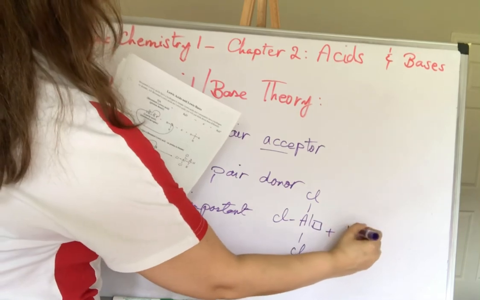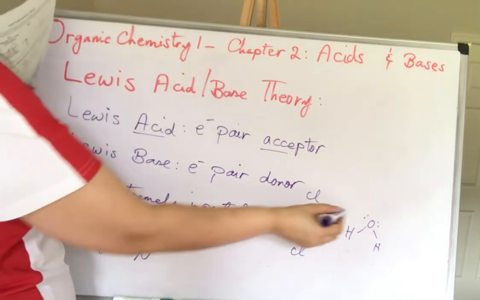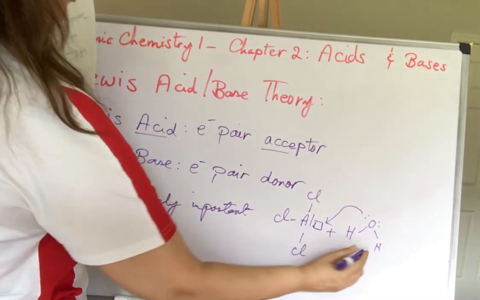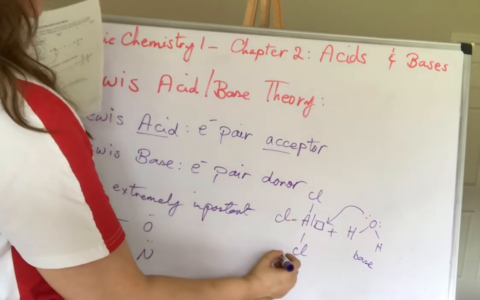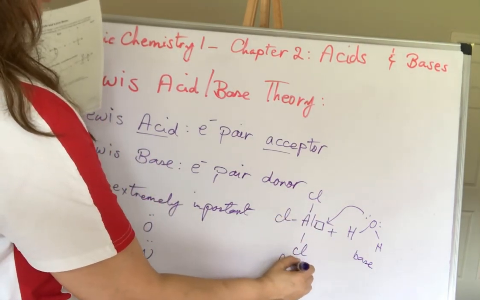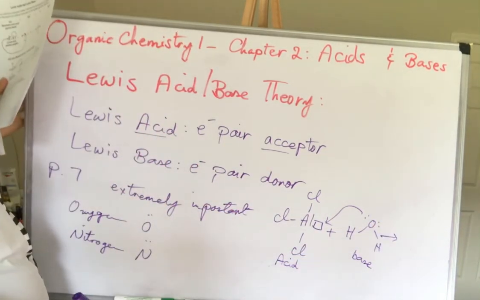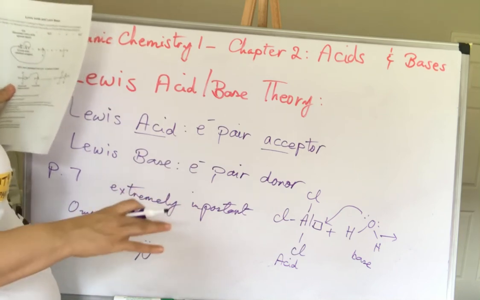Plus, if you add it to H2O, what happens? It can accept the electrons, so oxygen is the electron pair donor, so we have the Lewis base, and aluminum trichloride will be the Lewis acid accepting the electrons. Here we don't have the conjugate acid base. Conjugate acid base is only for Bronsted theory.